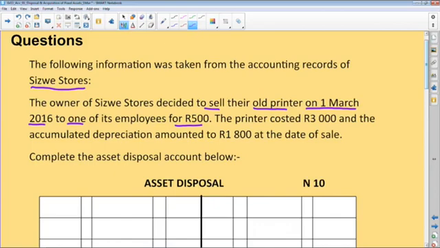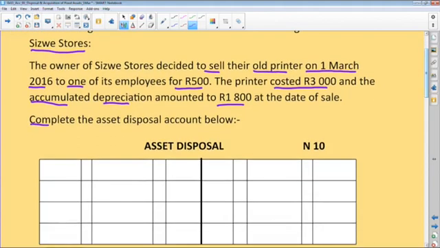The printer cost 3,000 Rand and the accumulated depreciation amounted to 1,800 Rand at the date of sale. In terms of this question, they want us to simply complete the asset disposal account below.